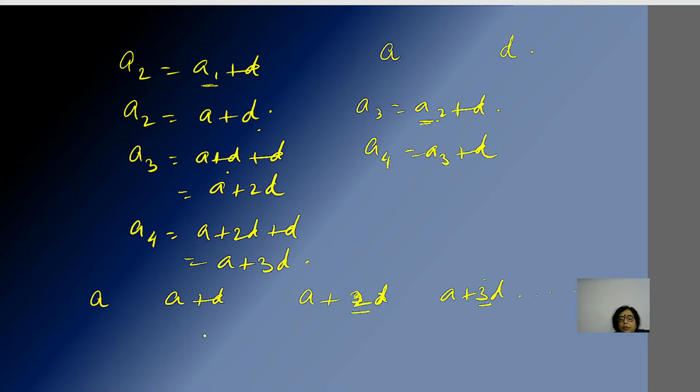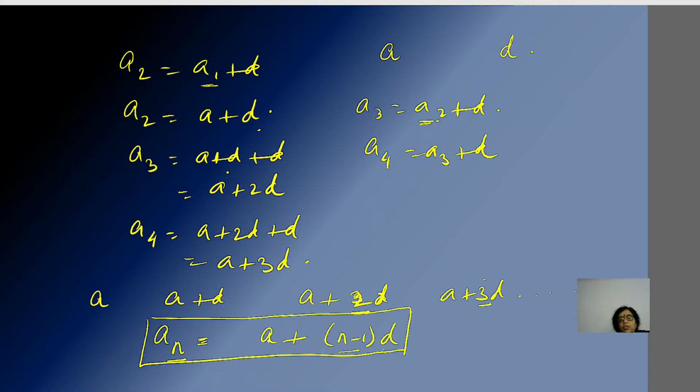So if we write down the general expression, if I want to take not any particular term but generalize it and write it as an, then this will be equal to a plus n minus 1 into d, because the coefficient of d is always 1 less than the term number. So this is the expression for the general term in an AP.